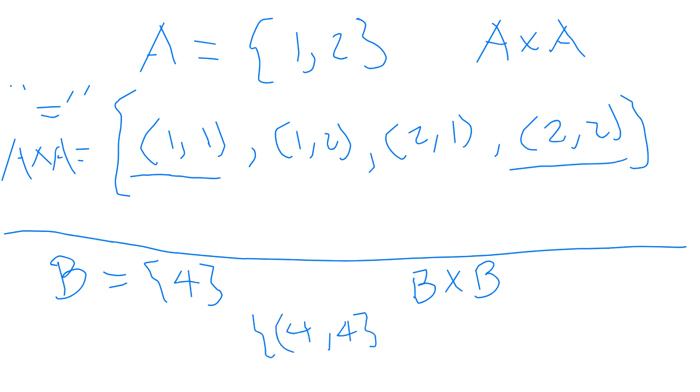In this case, if we're using the equal, or even less than or equal to, every element in B can relate to itself, because 4 is equal to 4. It doesn't work before because 1 is not equal to 2, 2 is not equal to 1. And for it to be a reflexive relation, A must relate to A for all A in A.